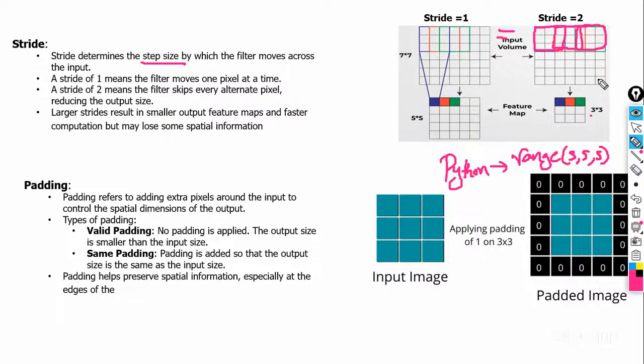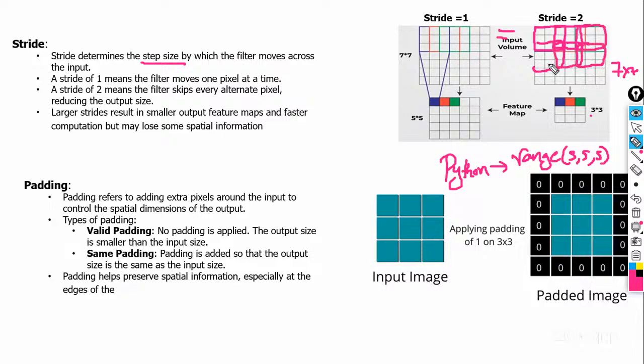For a 7 by 7 input image, if I use stride 2, what is going to happen? I'll get output here, then here, then here.